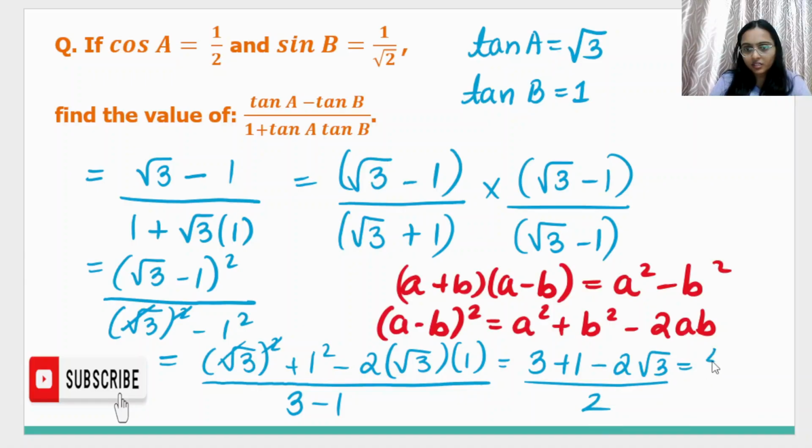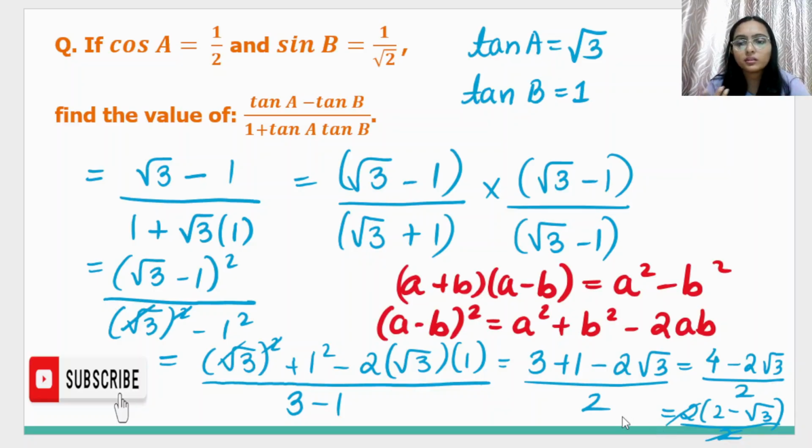Here you can see 2 is common in both the terms. So you get 2 outside the bracket, 2 minus root 3, the whole upon 2. When you cancel 2 and 2, the right answer will be 2 minus root 3.